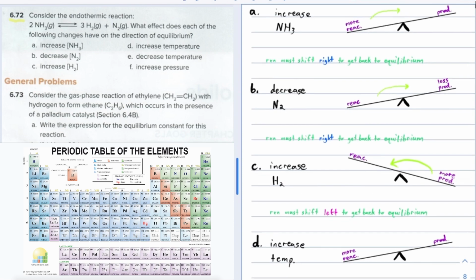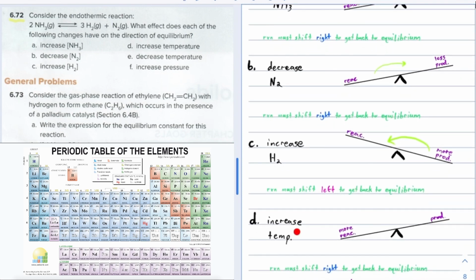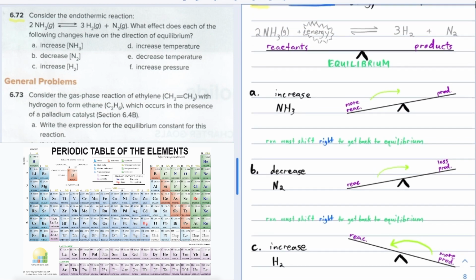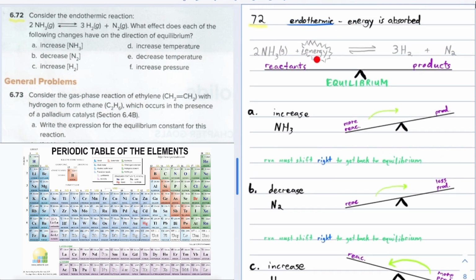What about increasing the temperature? You're adding heat in this case. Now, where is heat? Well, this is an endothermic reaction, remember? Heat is one of the requirements. It's on the reactant side. So if you increase the temperature, it's like you're adding reactant material.